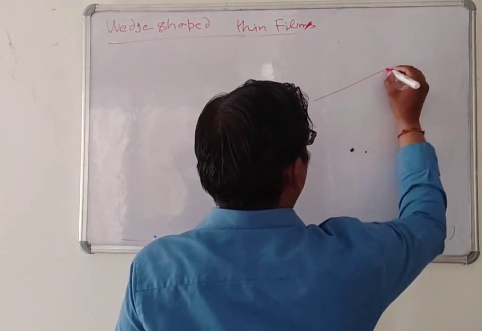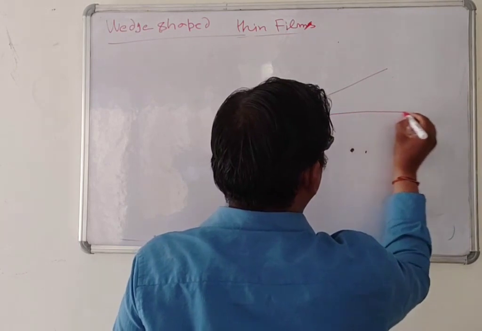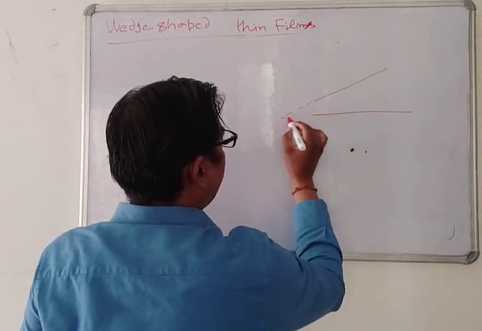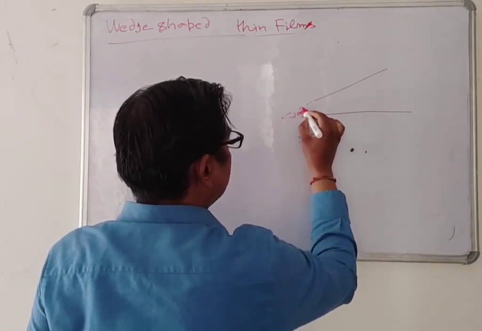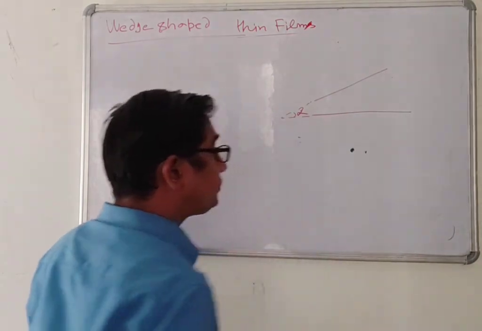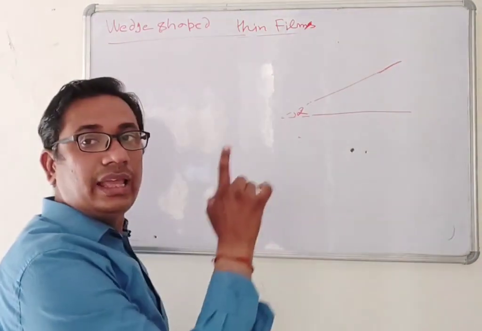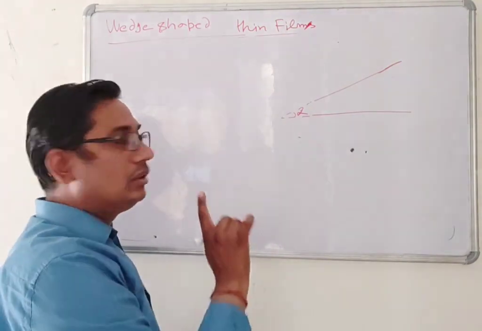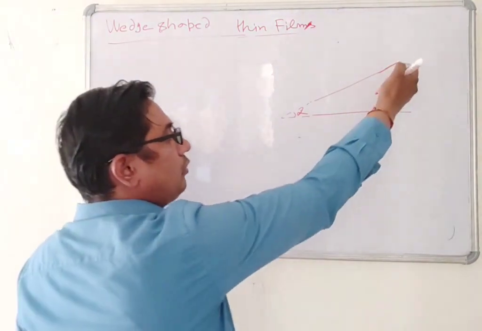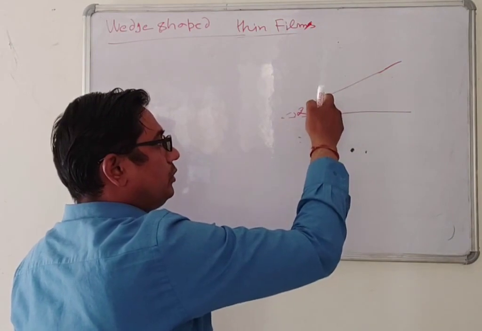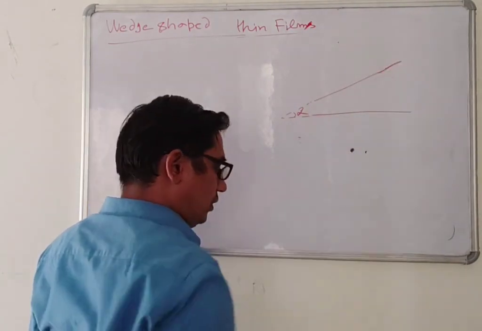You will see the surface like that. Suppose this is the angle alpha. You can see that here the thickness of the film is not constant like a parallel thin film. Here the thickness of the film varies. Here is the minimum thickness, here is the large thickness of the film.